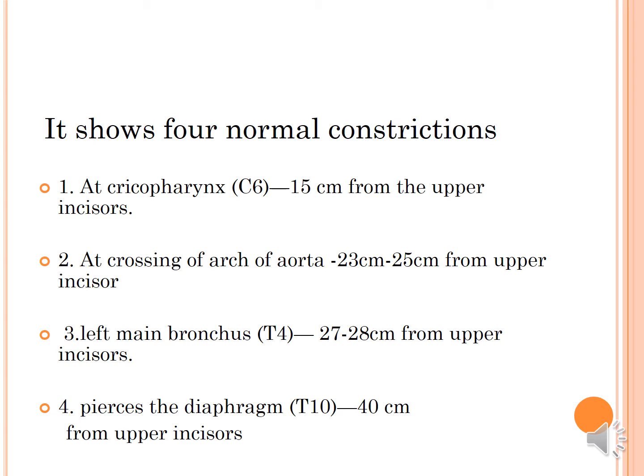It usually shows four normal constrictions. One is at the level of the cricopharynx, which is 15 centimeters from the upper incisor. Then we have the arch of the aorta, which is around 23 to 25 centimeters from the upper incisor. Another is the left main bronchus, which is 27 to 28 centimeters from the upper incisor. Then it pierces the diaphragm, that is around 40 centimeters from the upper incisor.